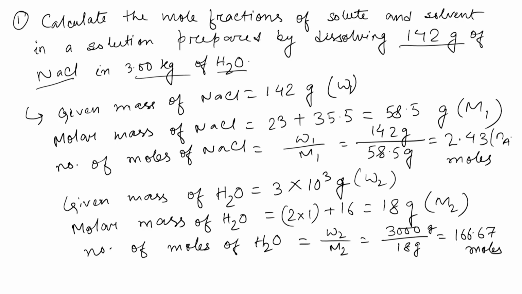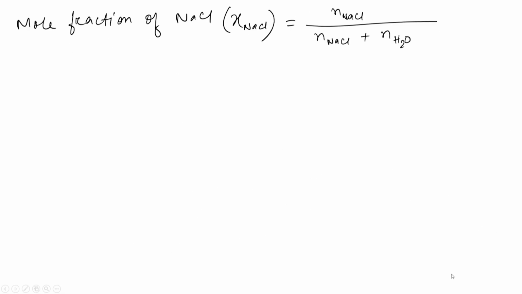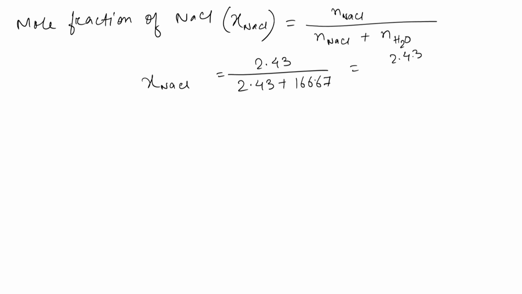So, XNaCl is equal to 2.43 divided by 2.43 plus 166.67, so 2.43 by 169.1.